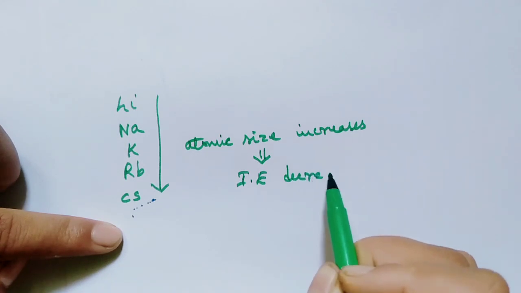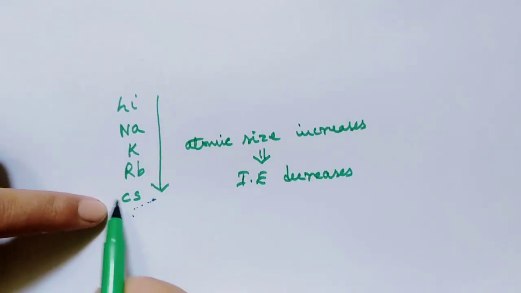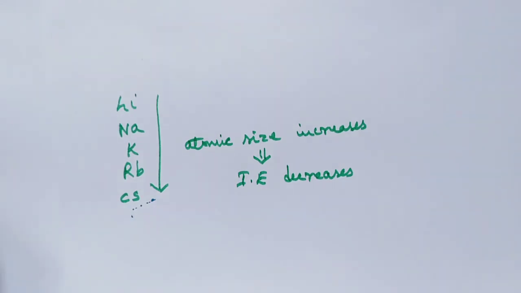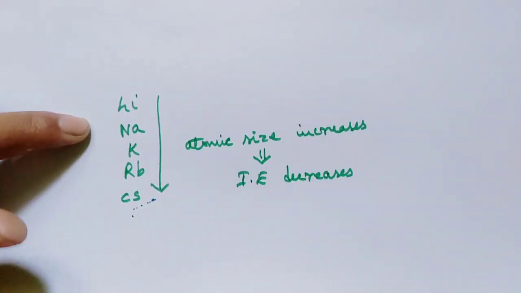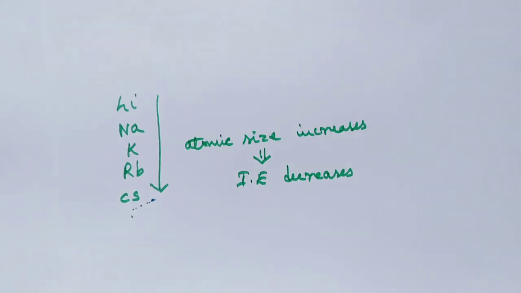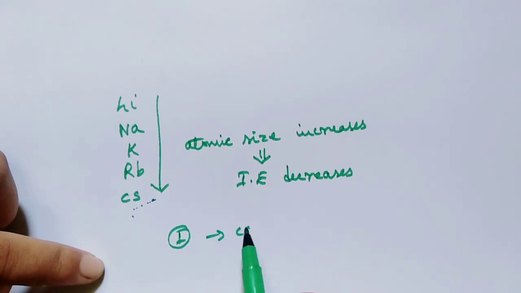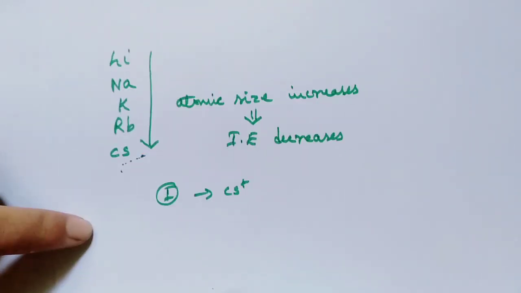So if the ionization energy decreases as we move down the group, it means that cesium, which is having the larger size as compared to the other four, is more reactive. That means it can easily lose its valence electron to give Cs plus.